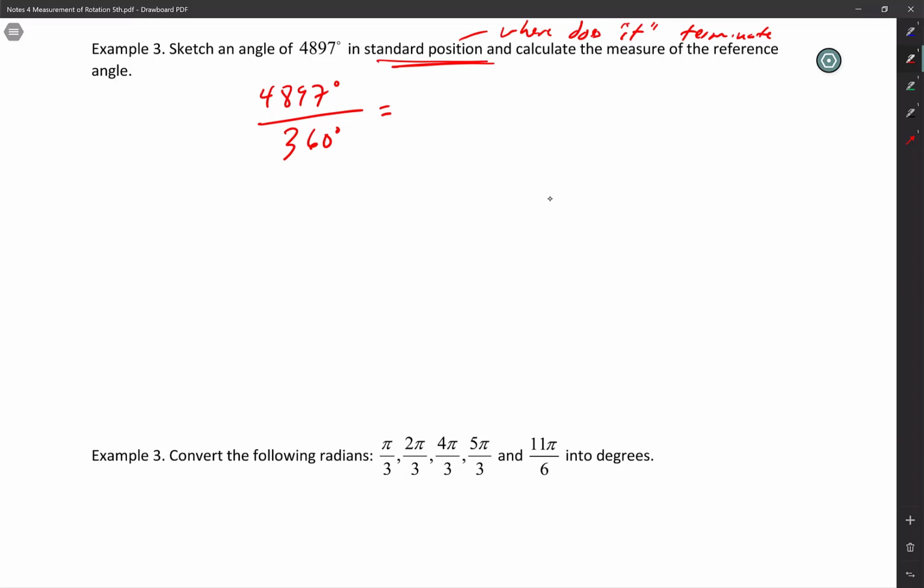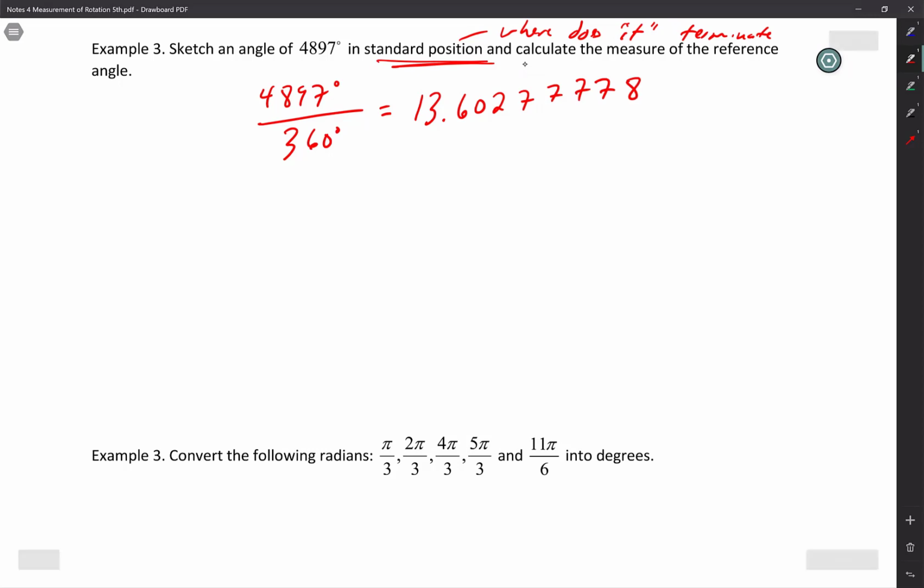So I take my 4897, I push division, and I go by 360. You're going to get a really long number here: 13.602777778. Do not delete that number. Keep it all in there, because we want to get the perfect answer.